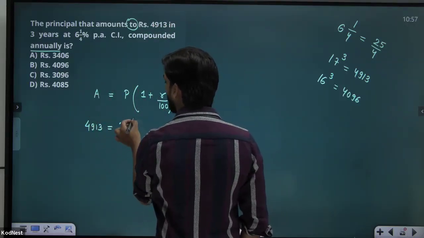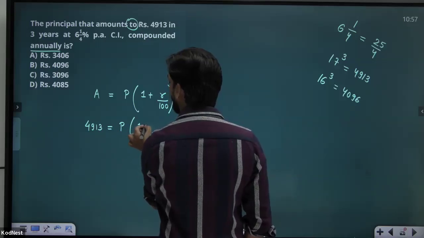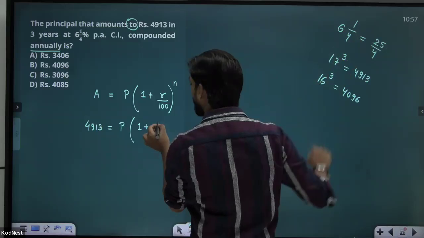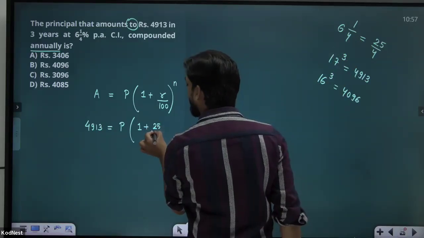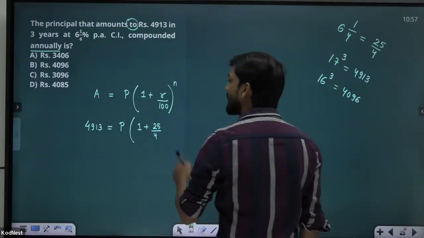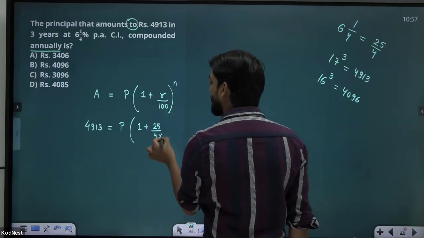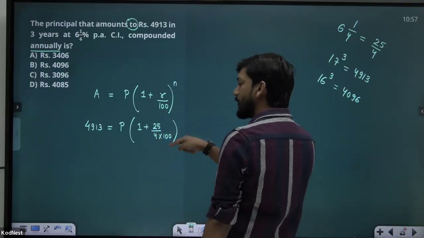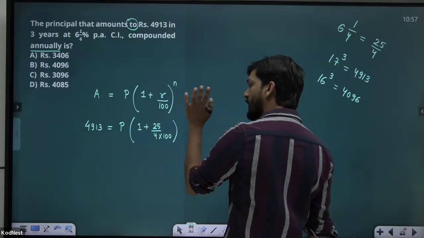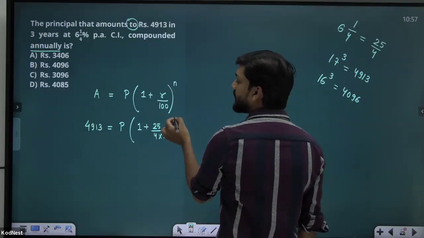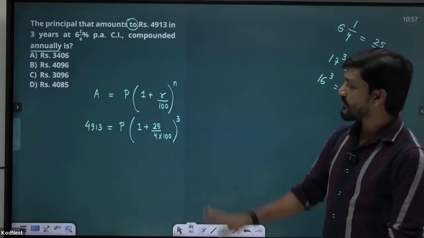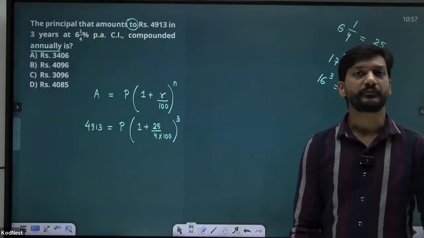Principal is unknown. 1 plus R value is 6 whole 1 by 4, so 25 by 4, divided by 100. So write 100 in the denominator. Time is 3 years, so n value 3. This is what we have to solve.